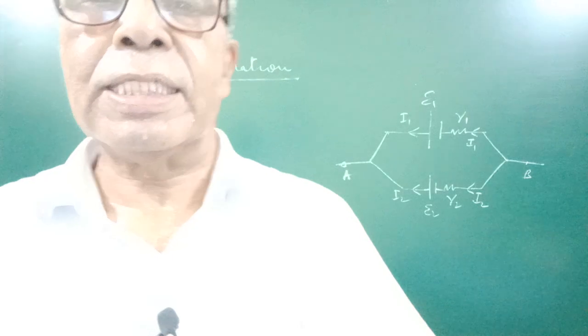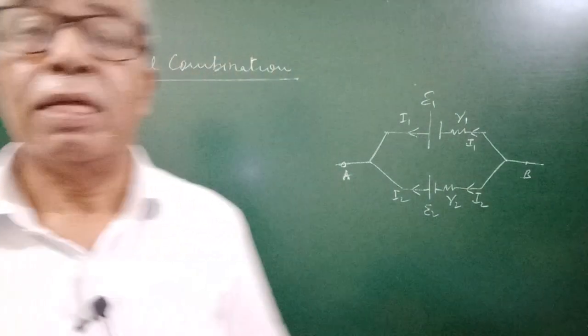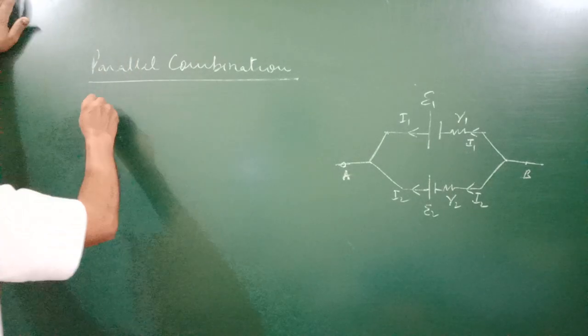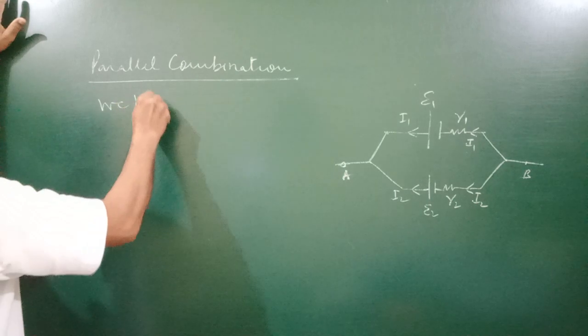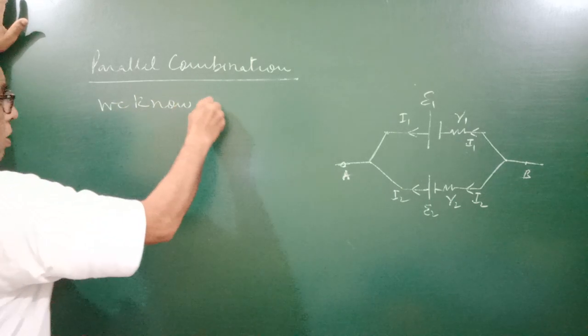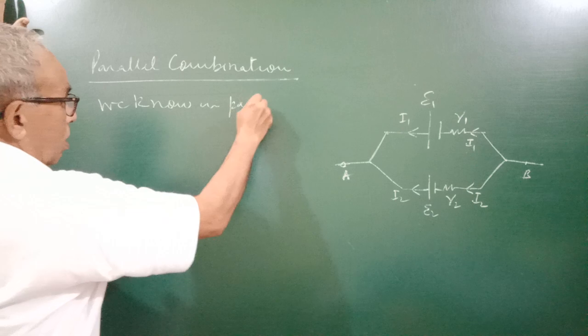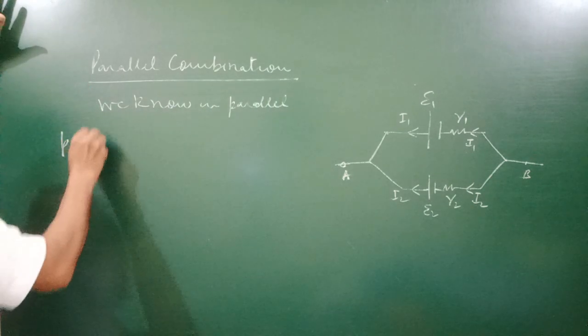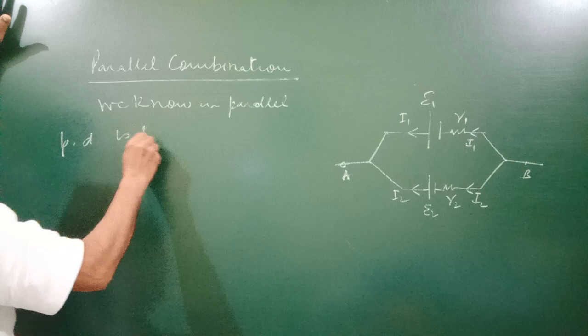So this is the combination of n cells, or two cells, in parallel. We know in parallel the potential difference is the same.